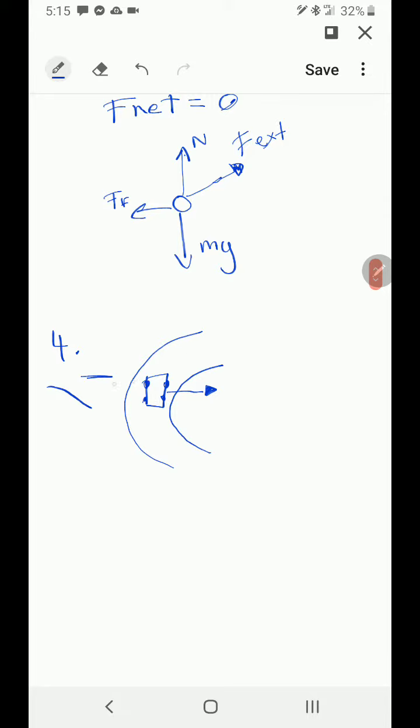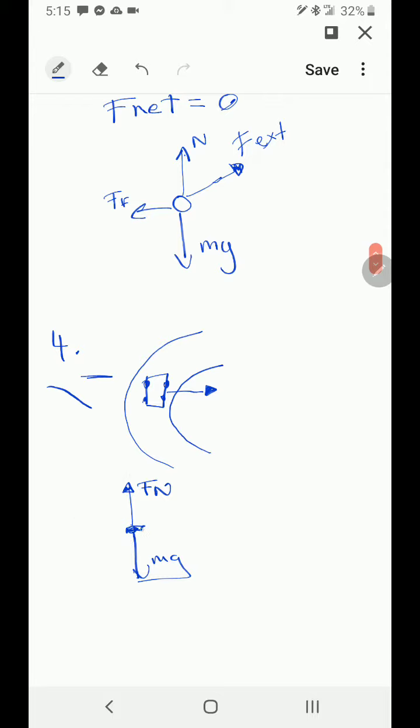In this case, if we draw a free body diagram seen from the side, this is the car, this is the normal force, and we have mg, and those cancel each other out.